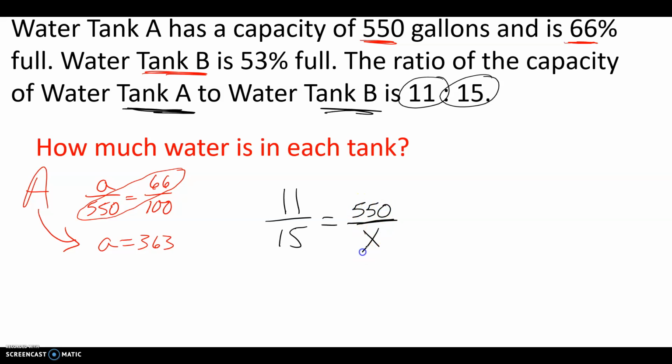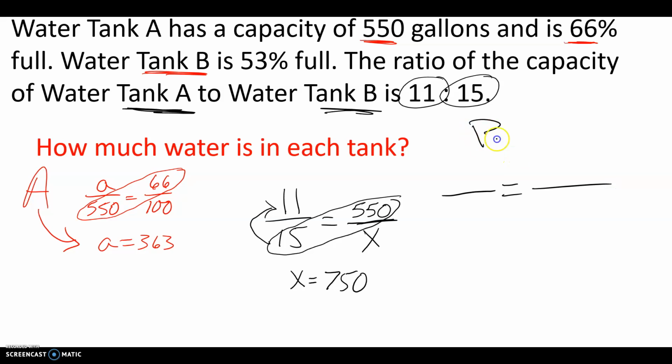We want to figure out the capacity of tank B. So we do our cross products, 550 times 15, divide that by 11, and we find out that tank B will hold 750 gallons.